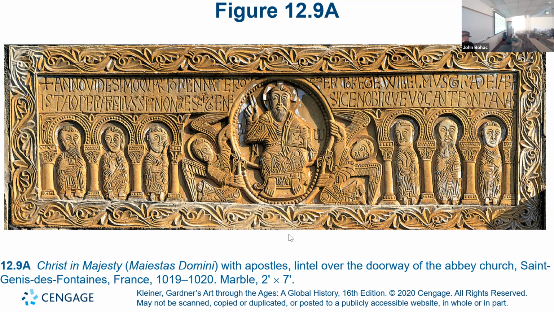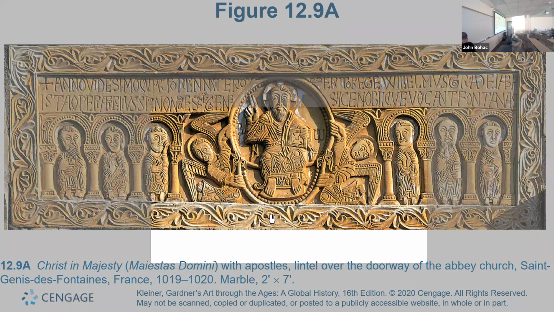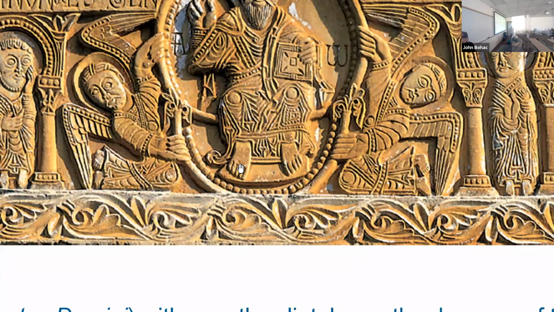And I want to kind of point this out too. This is hard to see. Maybe we can zoom in on this. I want to point this out right there and right there. The wounds of Christ post crucifixion.